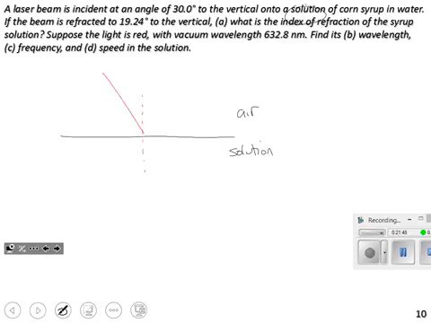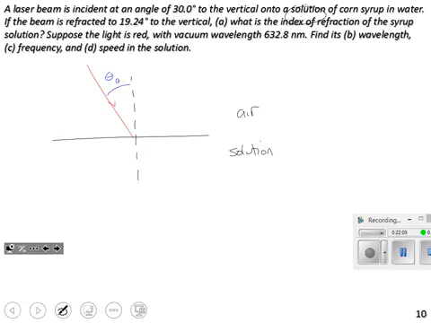So here is an incident angle. I'll call this theta air.